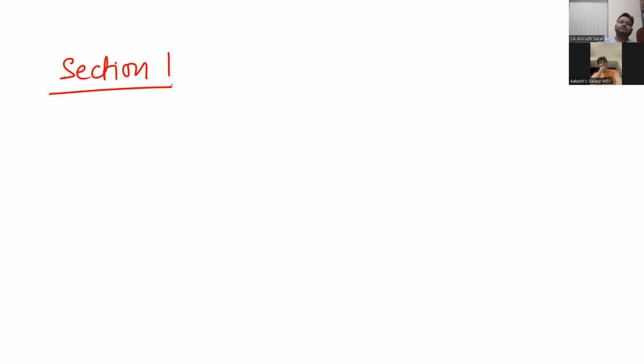Coming back, whenever you study any law, if you open the act, I told you it is divided into numbered sections. There are different sections, each section has a number.